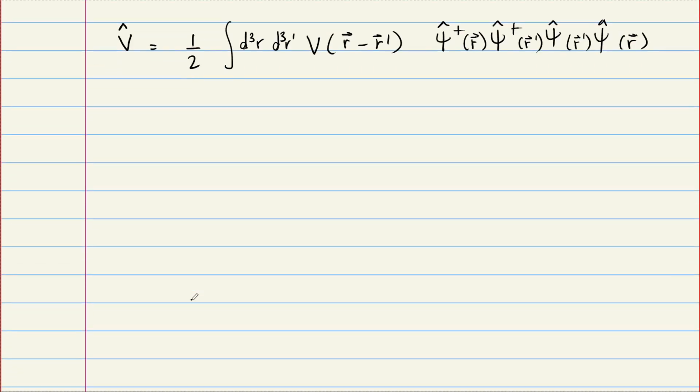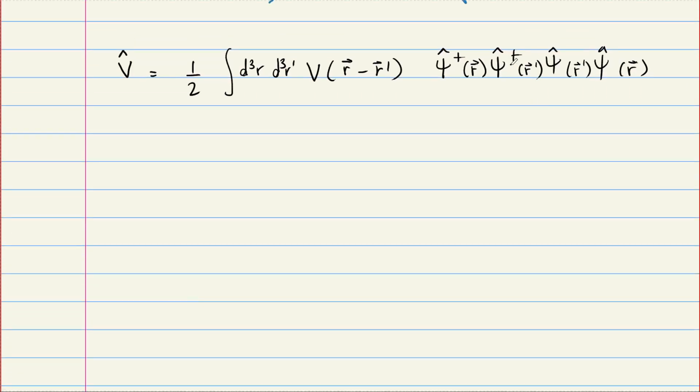Maybe I can spend just a few minutes to transform this thing to momentum space to see how the labels play around. So this thing, let's transform to momentum space, is going to be equal to, first, these guys are going to be as they are. So this V of r, I want to write it in the momentum space like this.